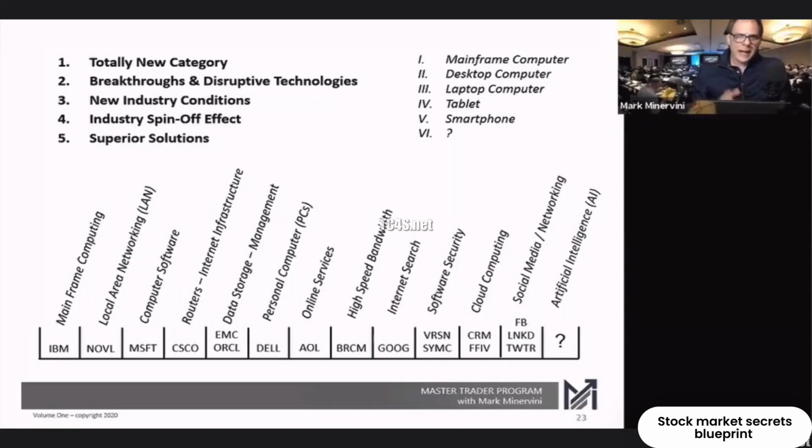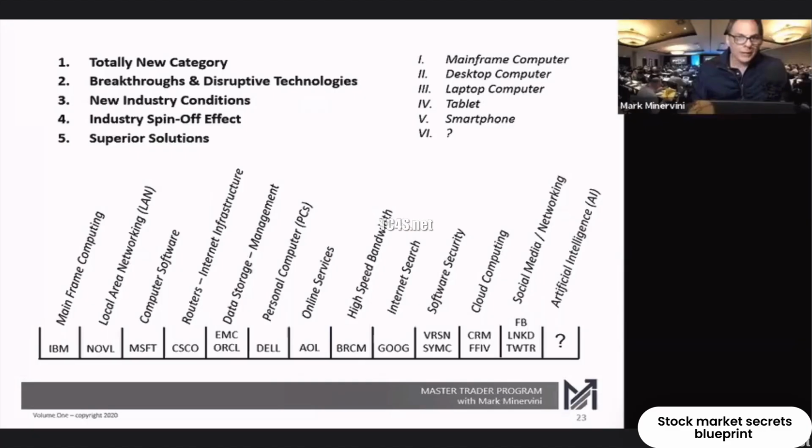So again, these are just natural progressions, and it'll continue. You have to look for what's the next technology, and it might be something that may not even make sense to you. And you have to trust the stock breaking out into new highs, coming out of a base. Some of the techniques that we're going to show you will lead you to these breakthroughs, even when you might not know what the future holds and how big it's actually going to be.